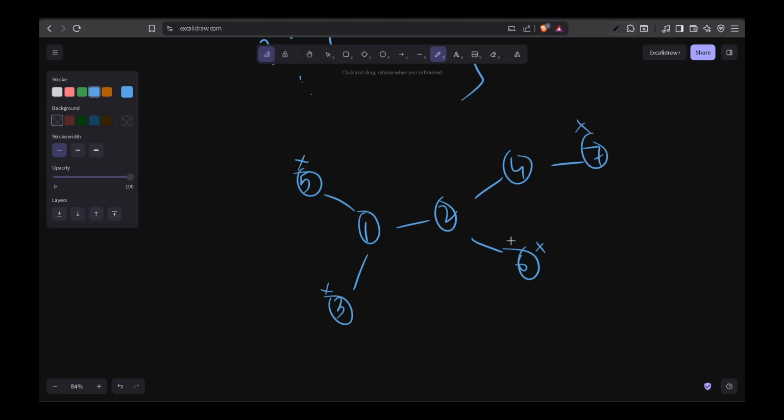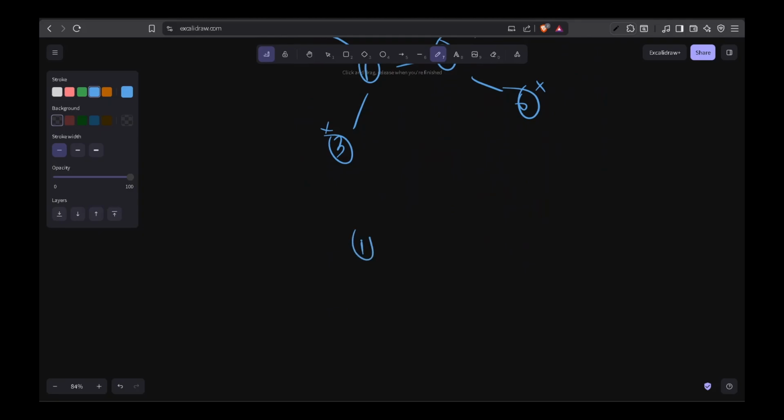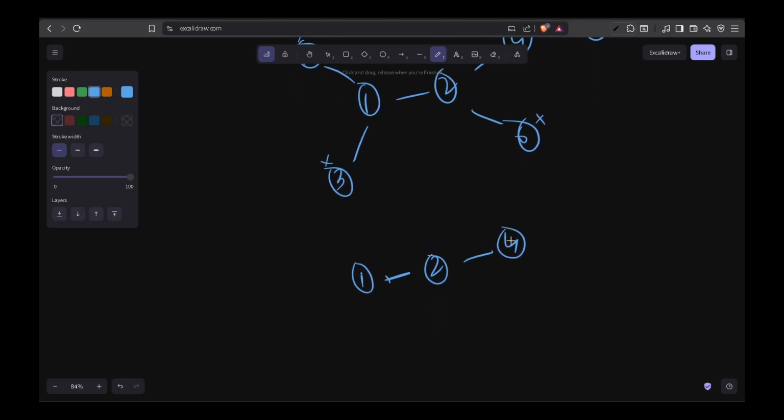So after eliminating those, we are left with 1, 2, and 4, right? So that means these nodes that were previously not a leaf node, just now after processing this batch of leaf nodes became the new leaf nodes.